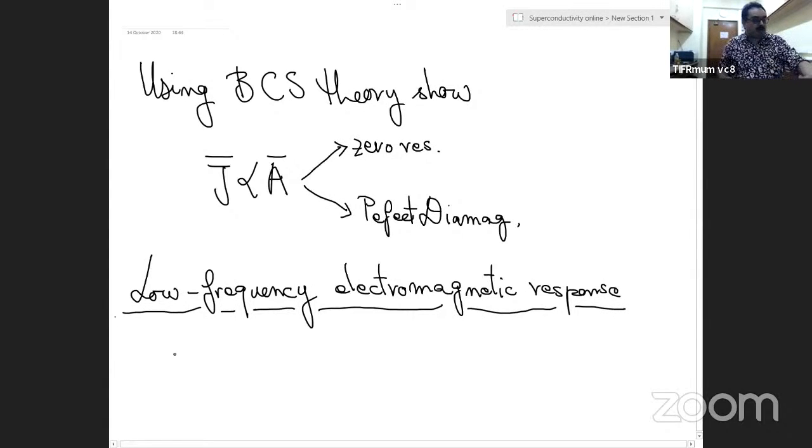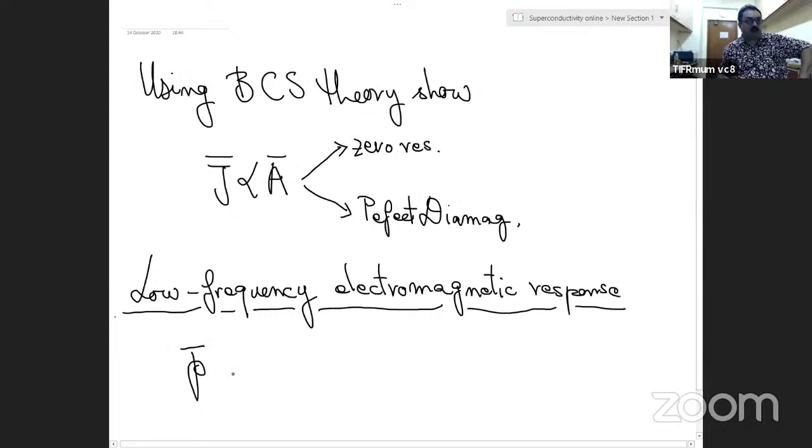All right, so here I have to find out the response of the superconductor to an electric or magnetic field. Now let us start with this.